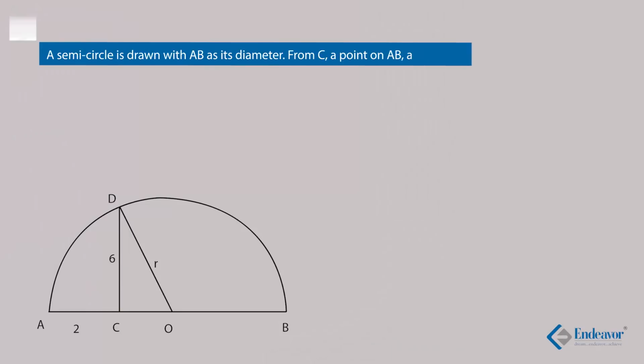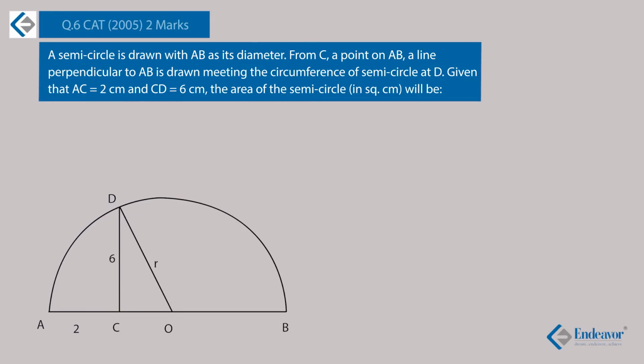This one is a CAT 2006 question, once again based on a circle. Let's see the question. A semicircle is drawn with AB as its diameter. From C, a point on AB, a line perpendicular to AB is drawn meeting the circumference of the semicircle at D. Given that AC is 2 cm and CD is 6 cm, the area of the semicircle will be how much?